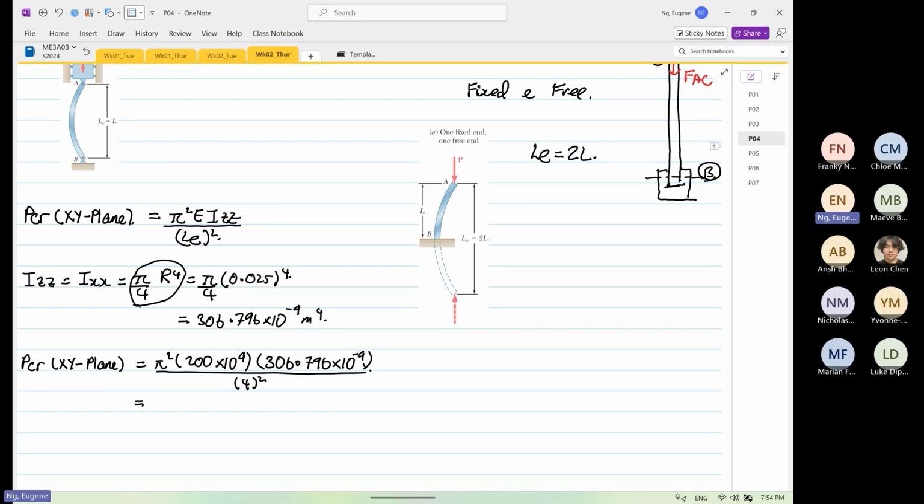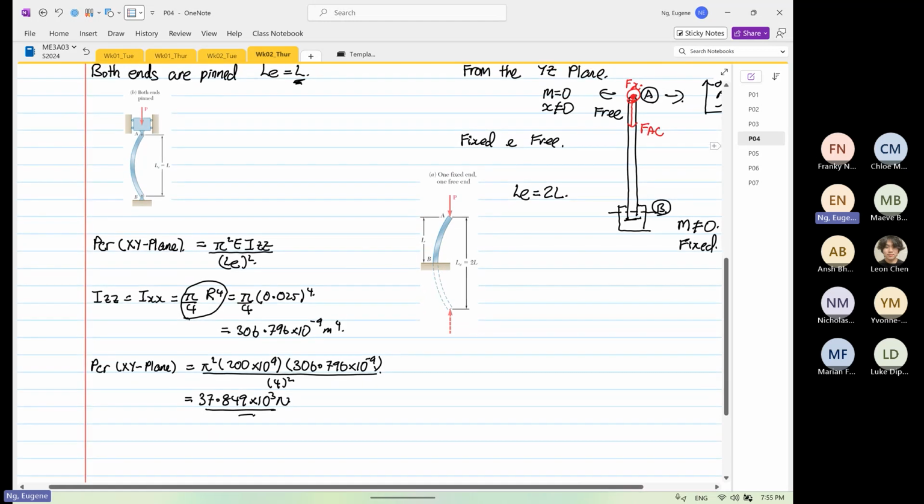You get 37.849 times 10 to the power 3 Newton. Let me do it again. Yep. So this is the critical load at the XY plane.